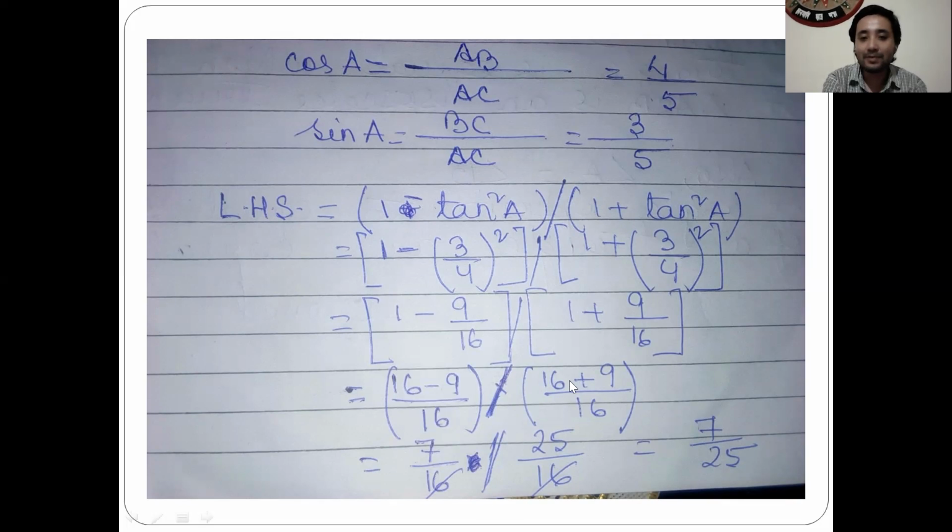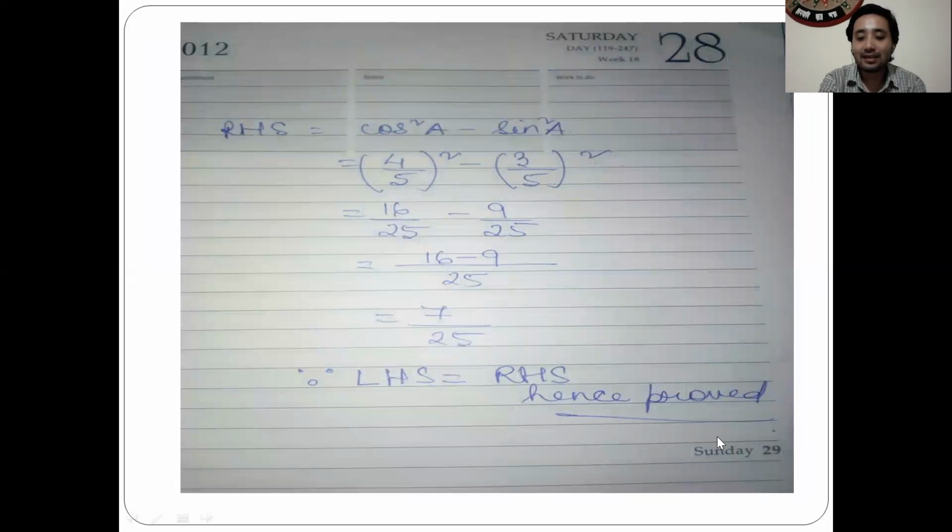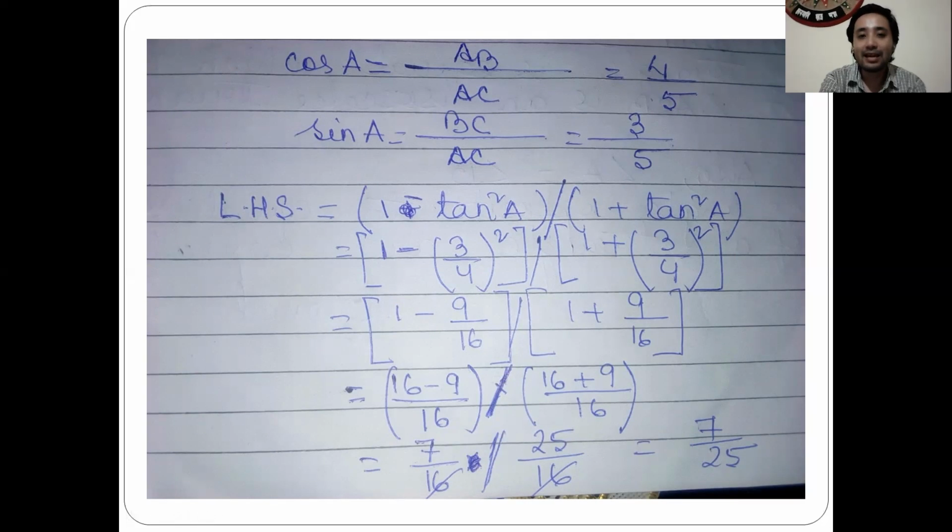Then the division symbol, 16 plus 9 is 25 by 16. So 7 by 16 divided by 25 by 16. Again, the denominator part, 16, 16 will get cancelled out. So we'll get 7 by 25. So that is the left hand side. So left hand side, I've got 7 by 25.